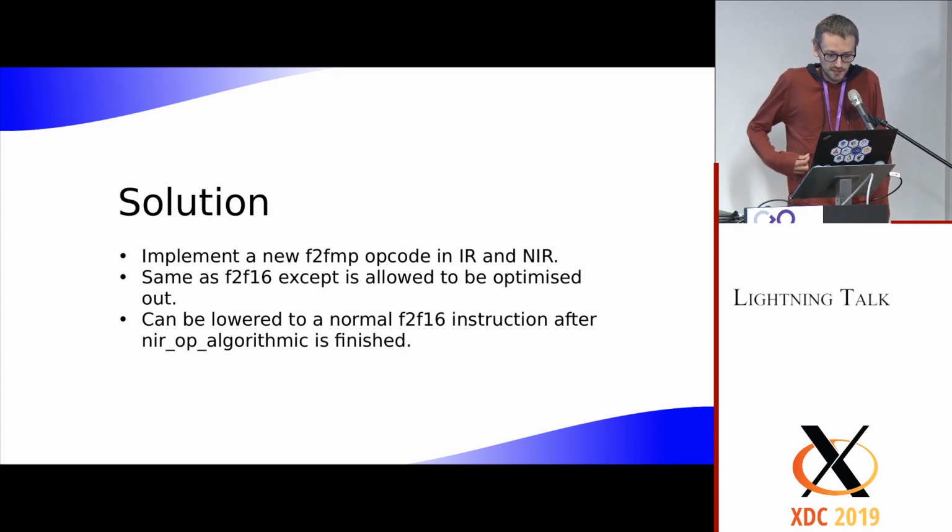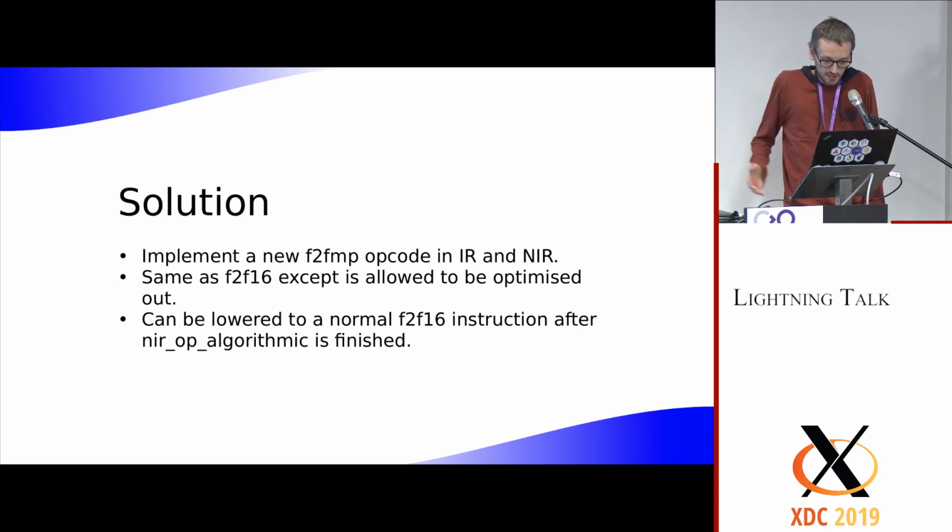So the idea is that instead of lowering to a float32 to float16 conversion, we add a magic new opcode to both the GLSL IR and to NIR to lower to a magic mediump type, which does exactly the same thing as lowering to float16, but it tells the lower layers that it's okay to remove this conversion because it was generated specifically for the precision.